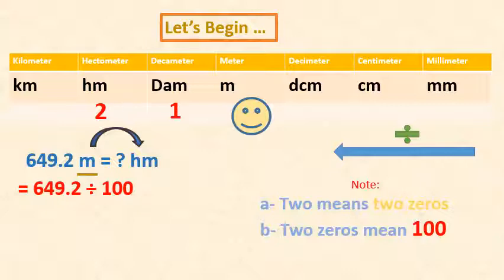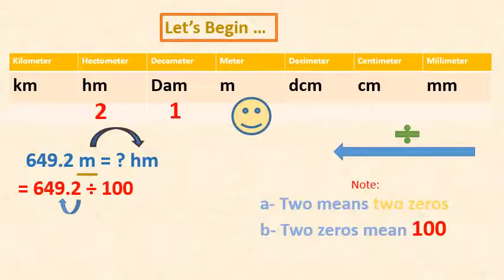This means we're moving the decimal point backwards to the back. How many places are we going to move? We're going to move the decimal point 2 places because we have 2 zeros, to the back because we are dividing. So we're going to move the decimal point 2 places back because we are dividing by 100.